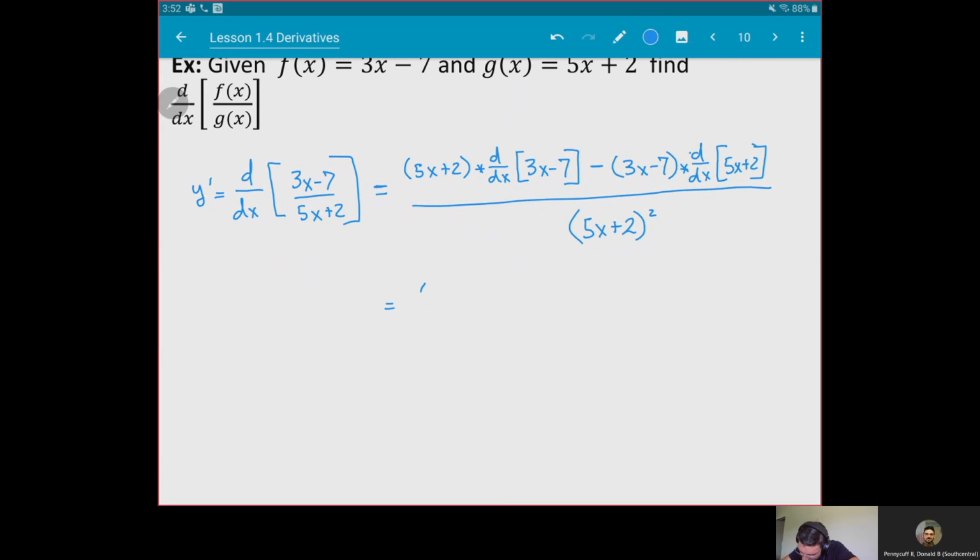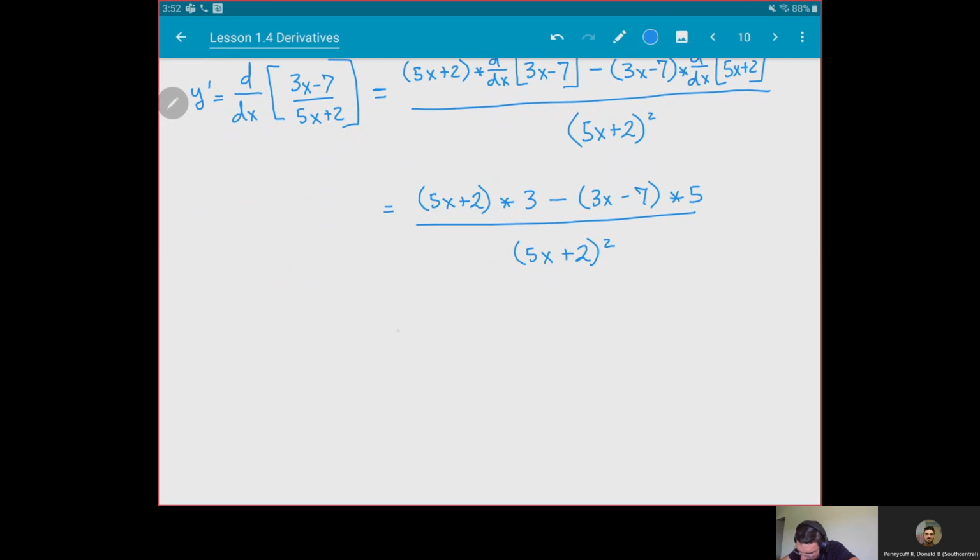And so that's going to give me 5x plus 2 times 3 minus 3x minus 7 times 5 over 5x plus 2 squared. So this is 15x plus 6 minus 15x plus 35. Now, where did that plus 35 come from? It came from distributing this subtraction sign.